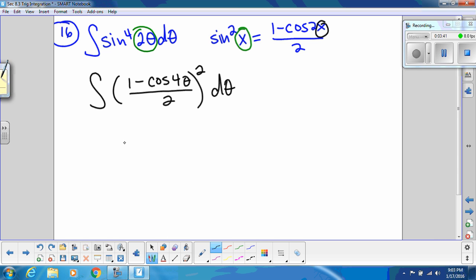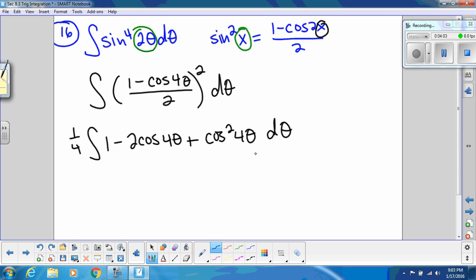Okay, so if we square that, that's going to give me a 1/4 out in front. And then I'm going to distribute, so that's going to be 1 minus 2 cosine of 4 theta plus cosine squared of 4 theta d theta.